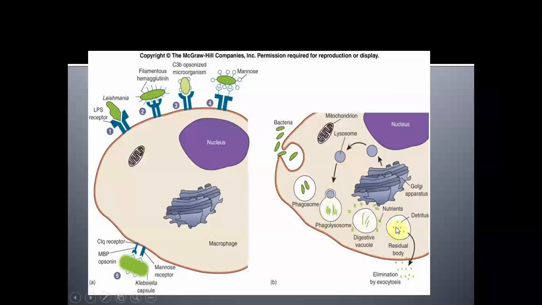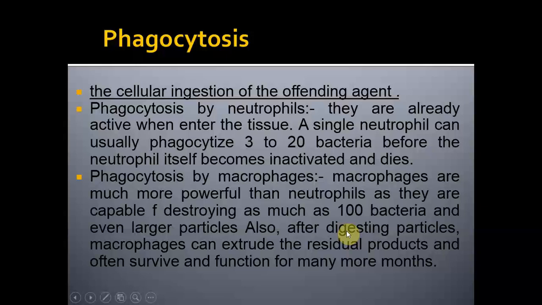And then the residual contents are extruded outside from the cell. The neutrophil, after performing this function, is usually going to become inactive and die. While the macrophages are much more powerful than the neutrophils. They are capable of destroying as much as 100 bacteria and even larger particles than the neutrophils.